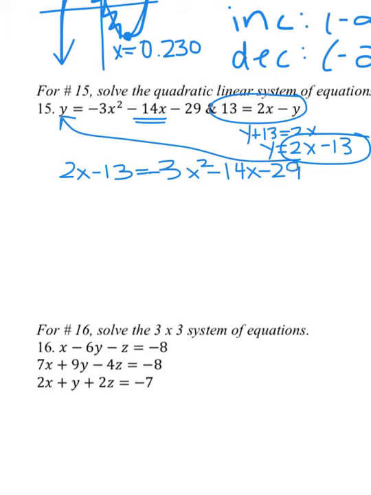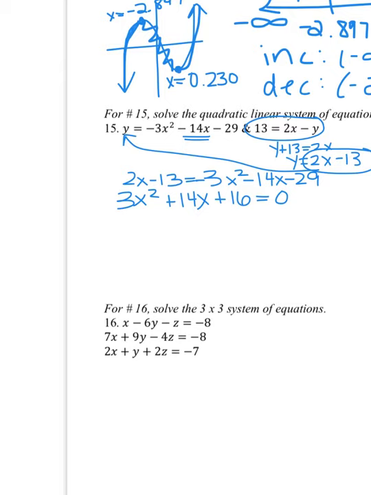When I set this equal to 0, I should get 3x squared plus 14x plus 16 equals 0. I need two numbers that multiply to be 48, but add to be 14. Those two numbers are going to be 6 and 8.